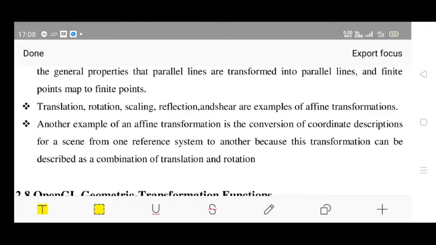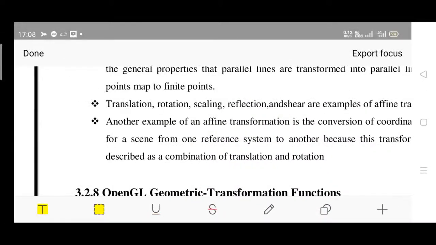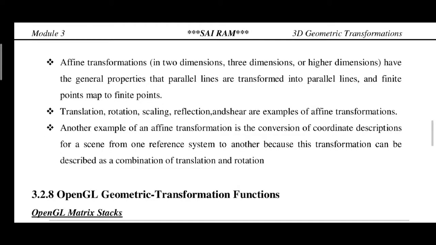Please remember, so far whatever we have discussed with respect to 2D as well as 3D, what are the types of transformations we have discussed? Translation, rotation as well as scaling, right? They all belong to the category of affine transformation. Along with that, shear as well as reflection also belong to the same kind of transformation, that is affine transformation only.